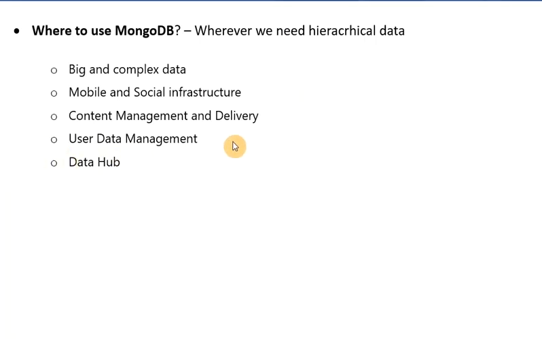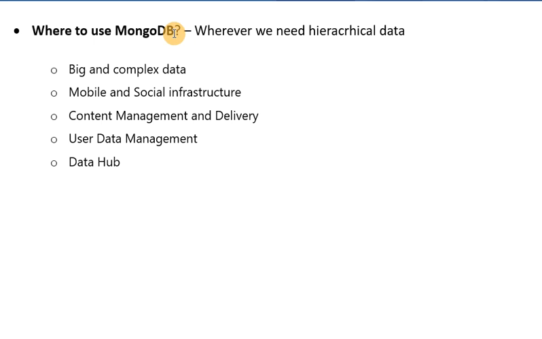Now the next question that comes to mind is where to use MongoDB, and how we can decide where to use MongoDB and where to use RDBMS. Both have their own features and their own performance-wise strengths. So accordingly we have to decide based on the project criteria and what database stack to use.